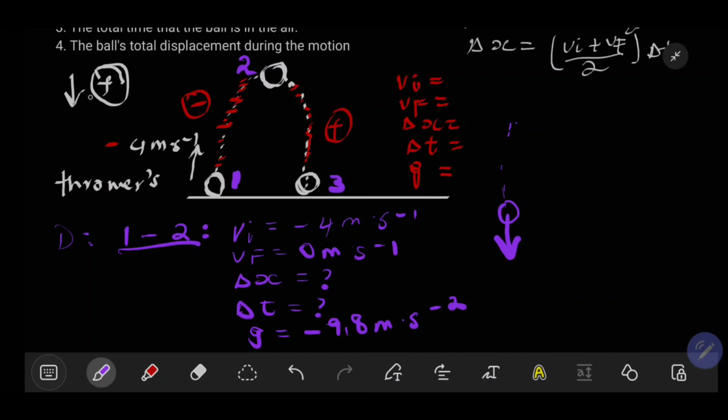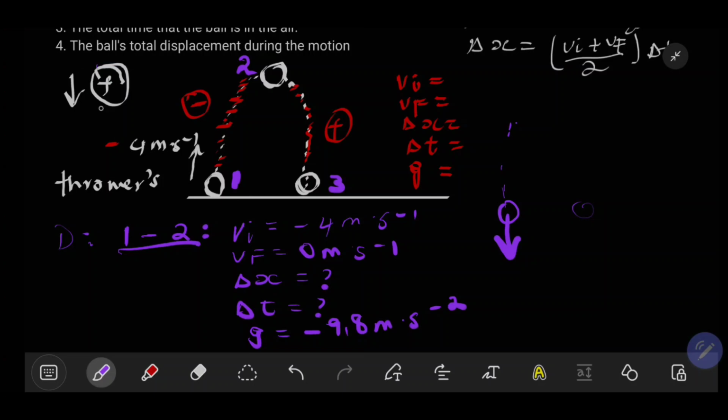Because our direction, they said that any motion going downward should be positive. All right, we know that the gravitational force pulls any object downward, and then it should be negative. But if you are given that any motion going downward is positive, then it means when this force is pulling the object downward, it's pulling it in a positive direction.